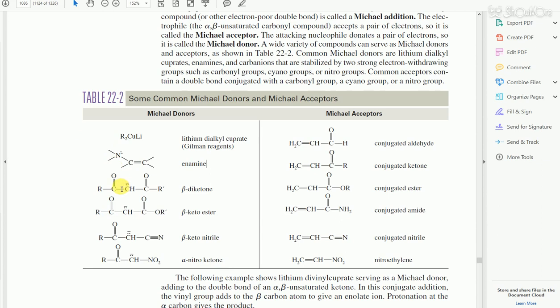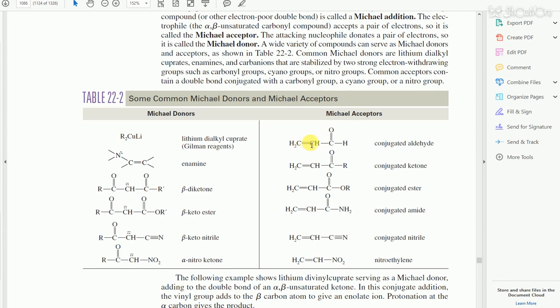And essentially, we're going to be using these guys because they form good nucleophiles. This hydrogen that is in between the two withdrawing groups, so a ketone and some other withdrawing group, is going to be deprotonated much better in the presence of NaOH, EtOH, to get this negative charge. And this will be the nucleophile that will attack the acceptors. The acceptors always are a conjugated system.